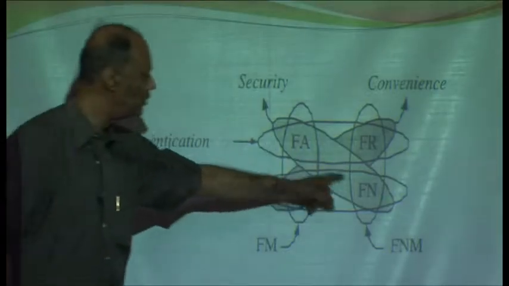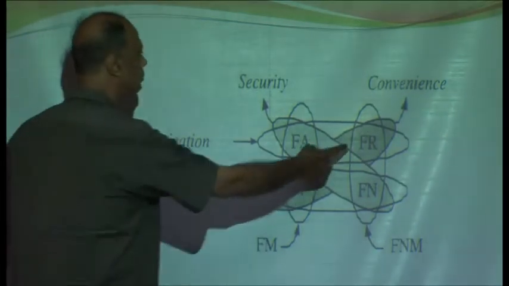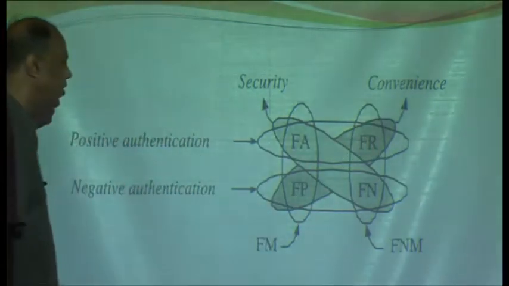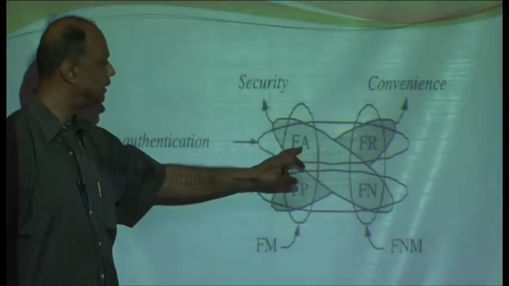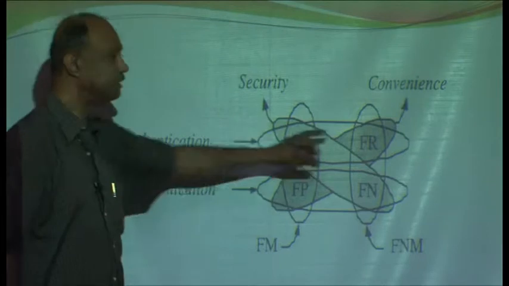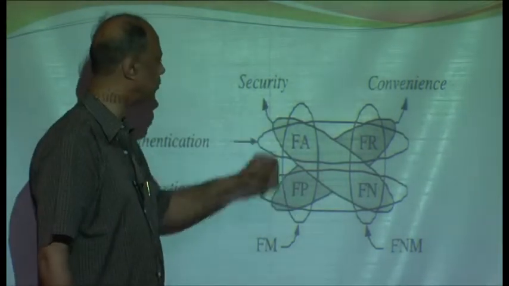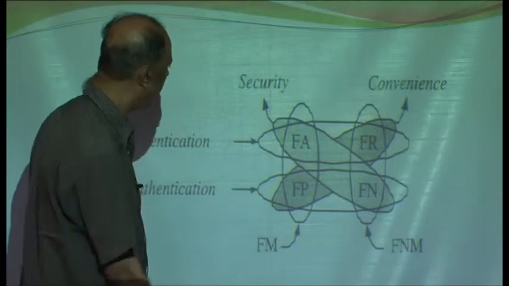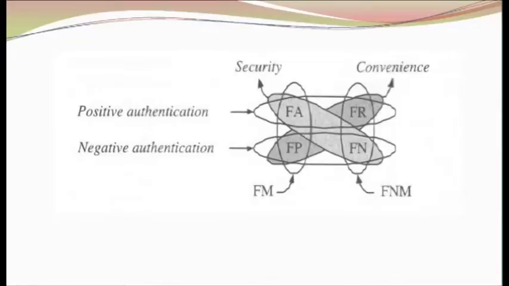So, this is for security, and this is for convenience. In positive authentication, security is FA and convenience is FR. For negative authentication, false positive is the convenience problem, and false rejection is also a convenience problem for the positive one.